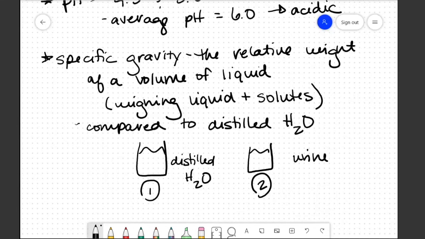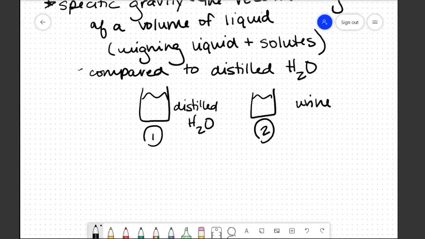Our distilled H2O should have a specific gravity of about 1.000, which means the weight of this liquid is about 1.00 concentration.